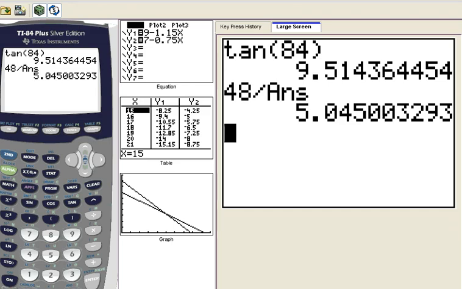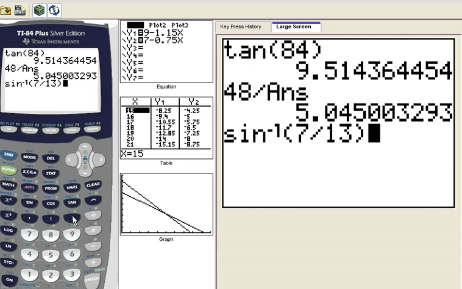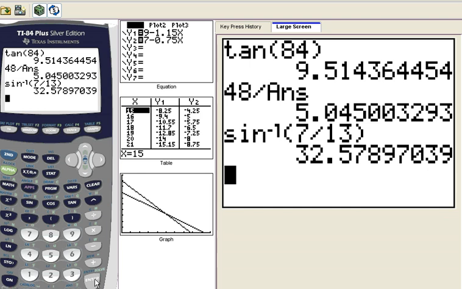Instead of pressing sine, you press second sine, which gives you sine inverse, and then you put that ratio in, 7 divided by 13, press enter, and it gives you the degree back. In this case, about 33 degrees.